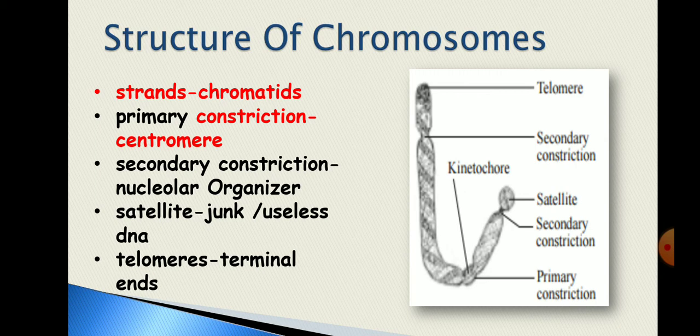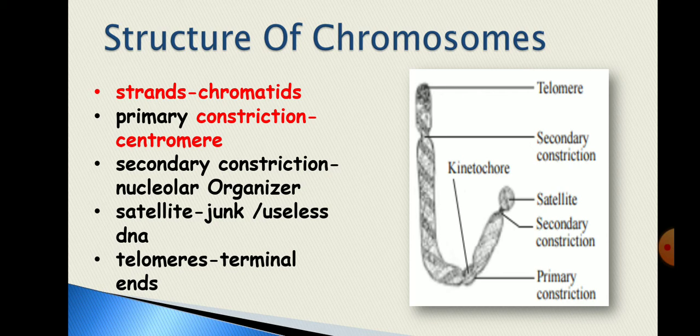Then another constricted area can be seen along the length of the chromosome. This is termed as the secondary constriction or nucleolar organizer. This is in fact the point where new nucleoli are formed after division.